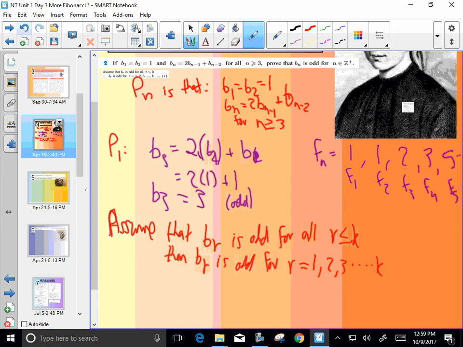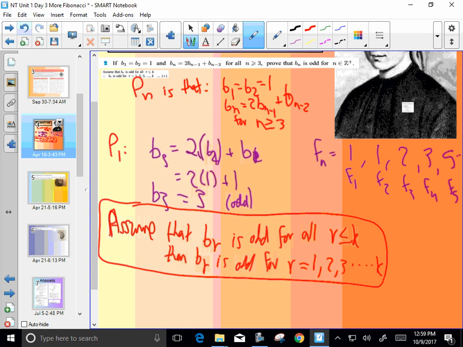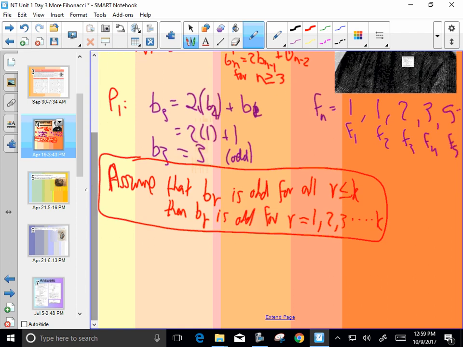So that's the strong step that you're least comfortable with. Look at what we did. We're looking at B of R instead of B of K is odd. That's the given, and then we're just saying R is equal to those. So that's kind of easy.